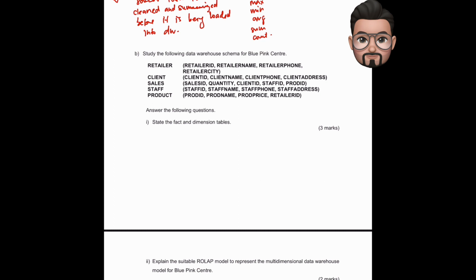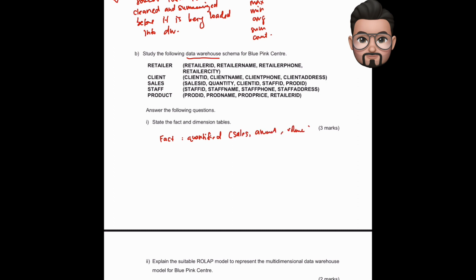So when we talk about the data warehouse, if you want to represent the data in terms of the data warehouse, you need to understand what is the fact table and dimension table. Fact table is something that can be quantified. For example, we have sales, amount, volume.